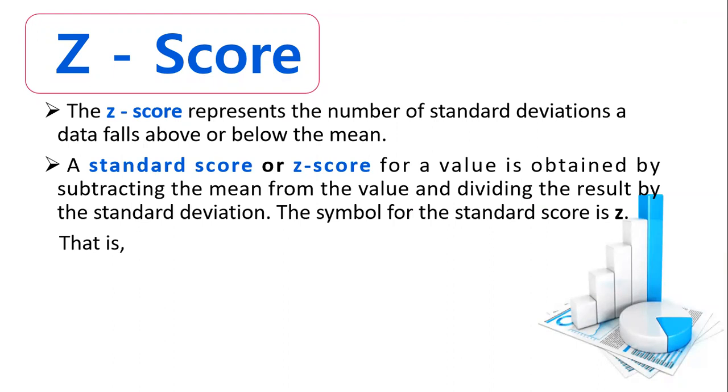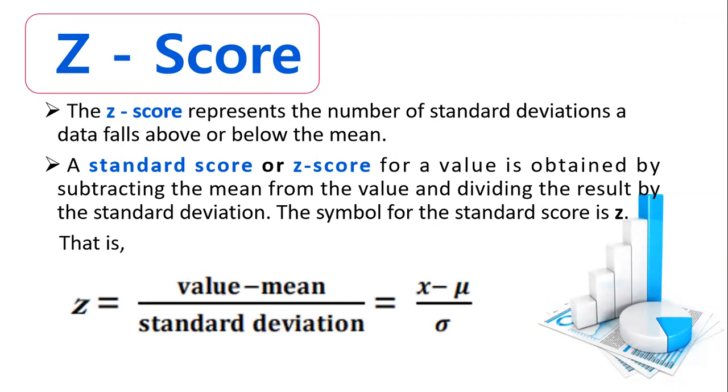The symbol for the standard score is Z. It is given by this formula: the Z-score is equal to the value minus the mean divided by the standard deviation, or it is equivalent to this given notation in symbols for the formula.